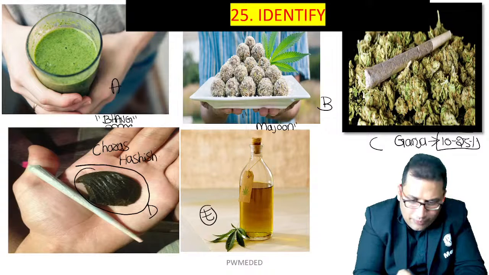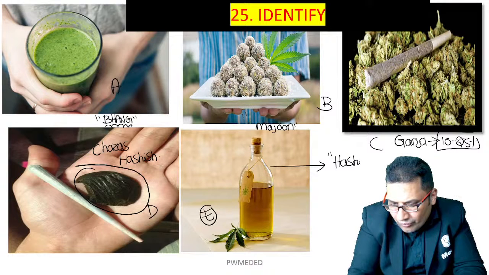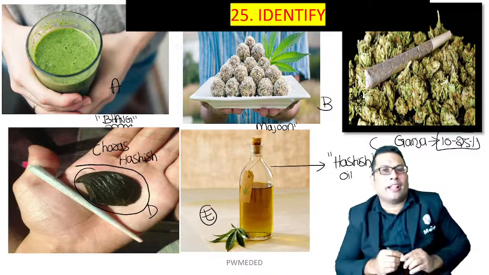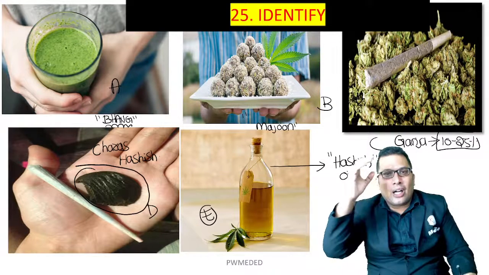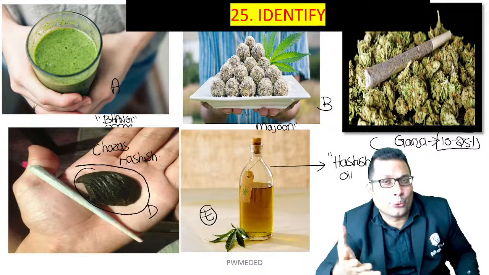And this is your hashish oil or cannabis oil. There are 5 preparations of cannabis: bhang, ganja, charas, hashish oil and majoon.